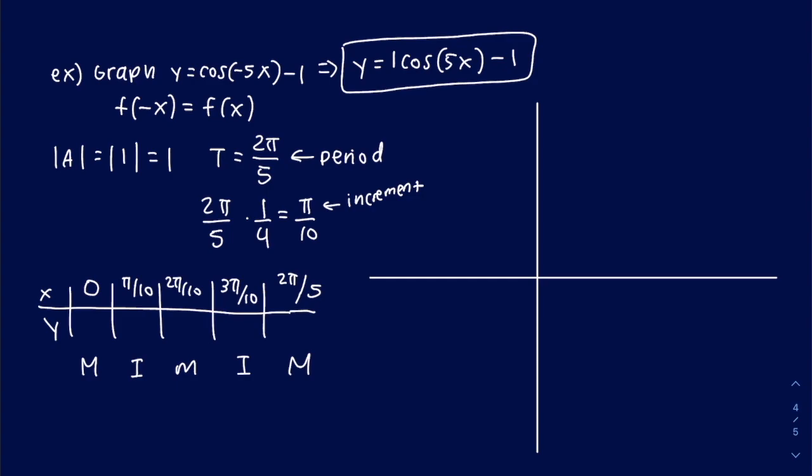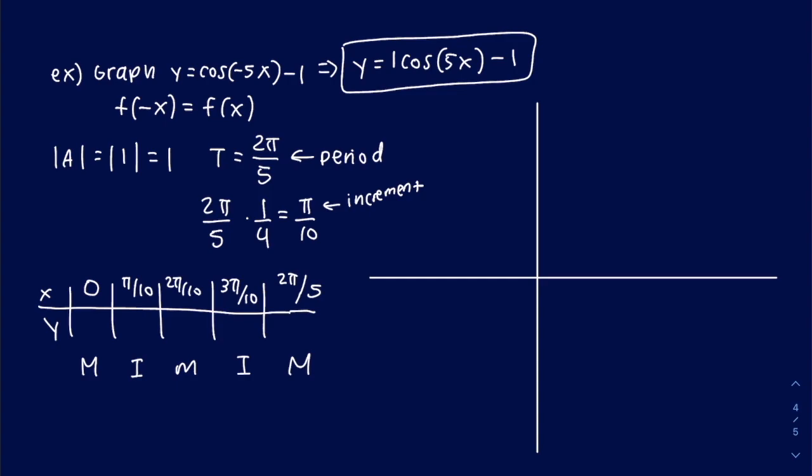Now, before we go on with our y values, however, we are actually shifting our entire function down 1 unit. We're doing -1 outside of the function, so we are shifting it down 1 unit. That means that whatever y value we have here, we're going to subtract 1 from it. So our maximum value is going to be 1.